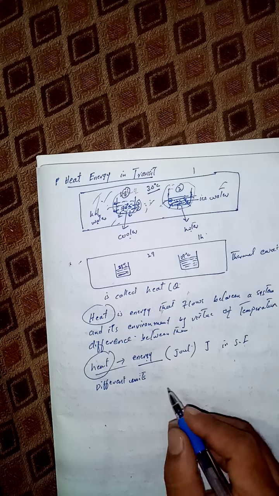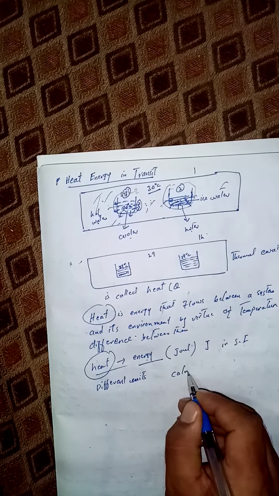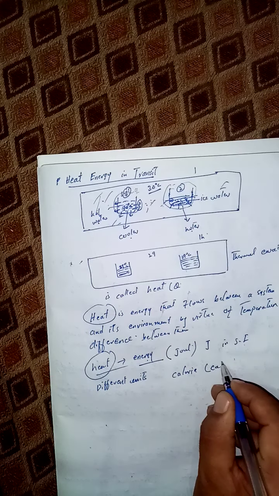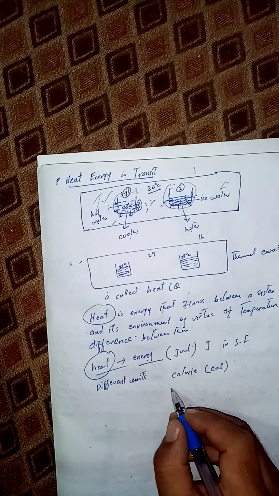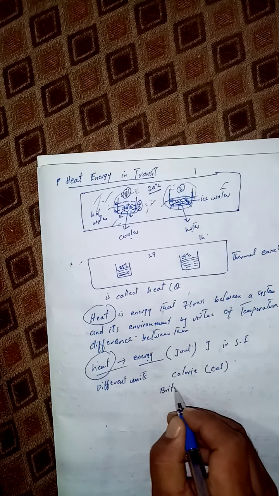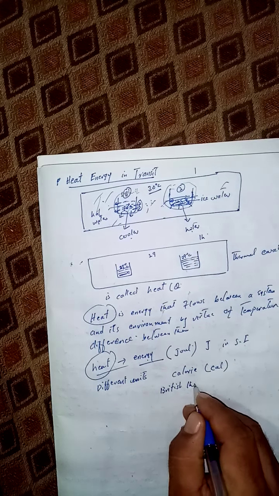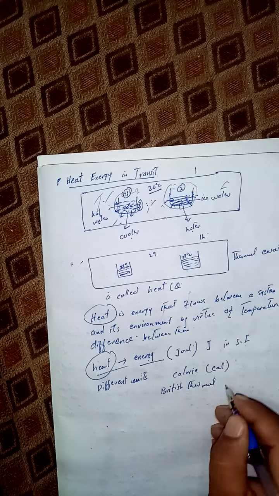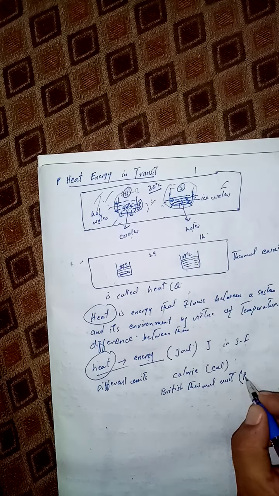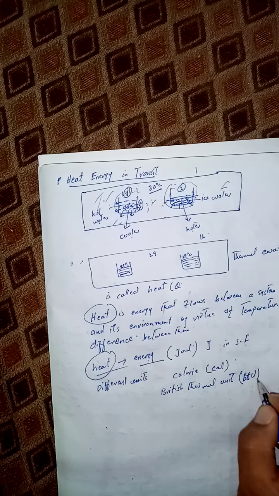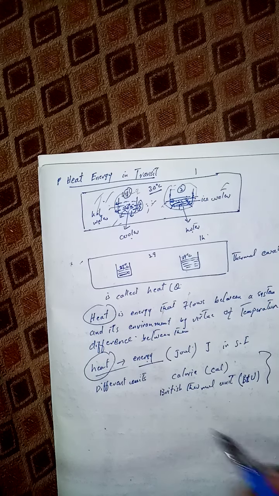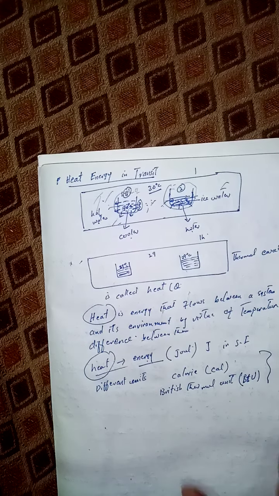One unit is called calorie, represented by Cal, and the other unit was the British thermal unit, which is represented by BTU. This was the unit when people didn't recognize that heat is a form of energy.